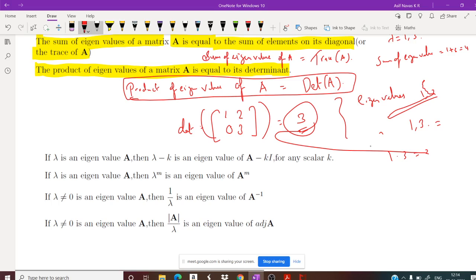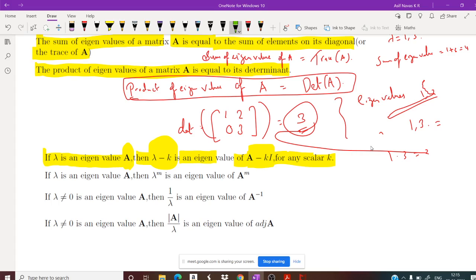Another property: if lambda is an eigenvalue of A, then lambda minus k is an eigenvalue of A minus kI, for any scalar k.